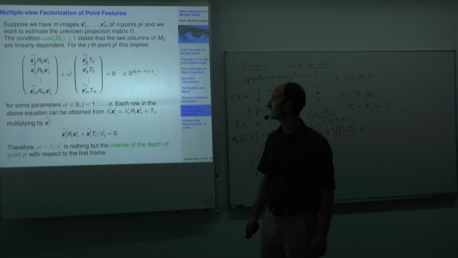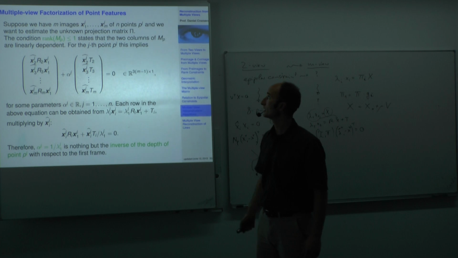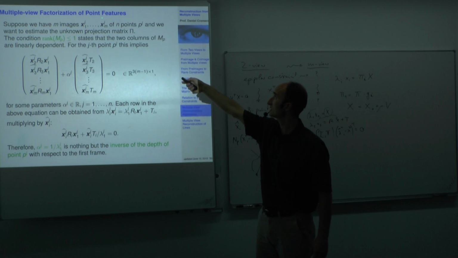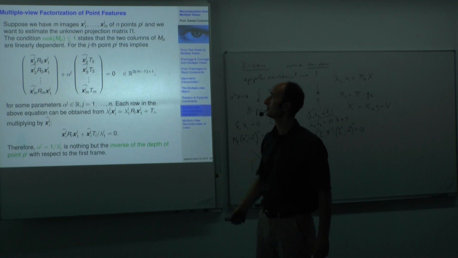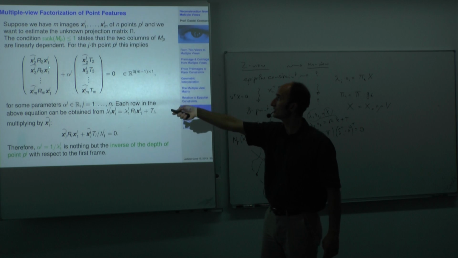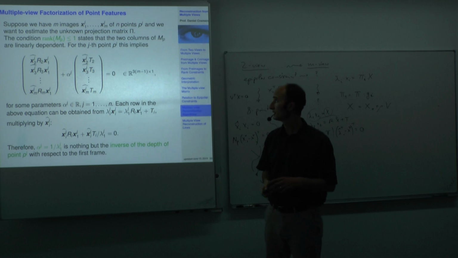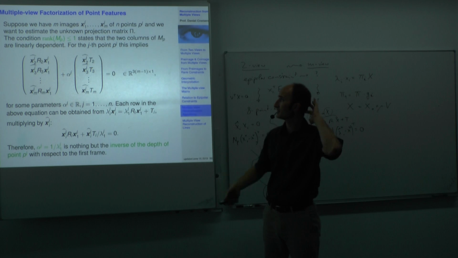And so we can say that there is a parameter alpha j. We observe n points indexed by j, where j goes from 1 to n. So for each of these points, here's the j, we have such a constraint with a parameter alpha j.